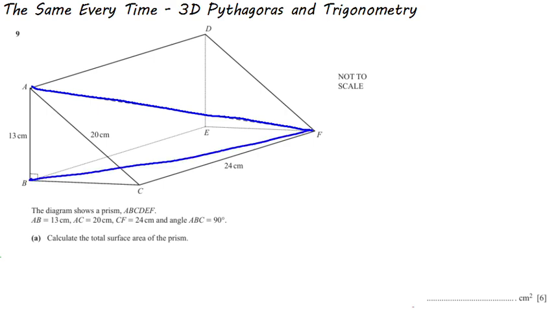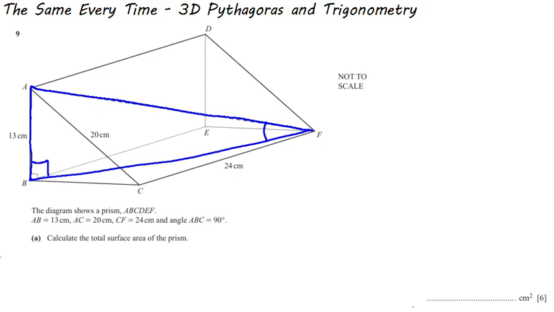So the line from B to F, and you need a bit of imagination here to realize that that would make a right angled triangle. So the angle just there would be a right angle. The angle that they want, the angle between the line from A to F and the diagonal in the base, is this angle just here.